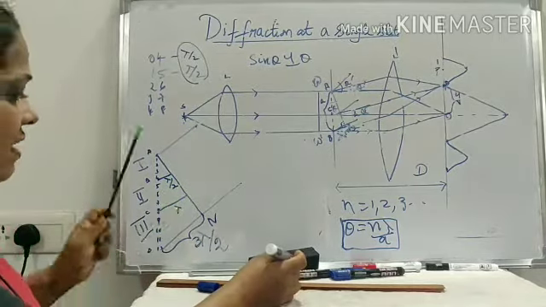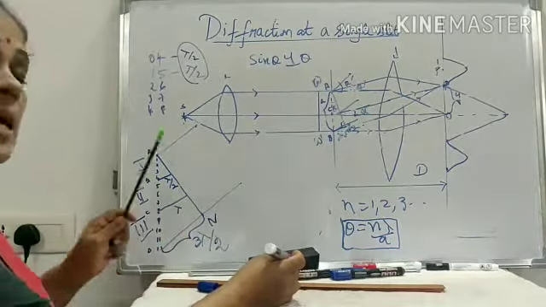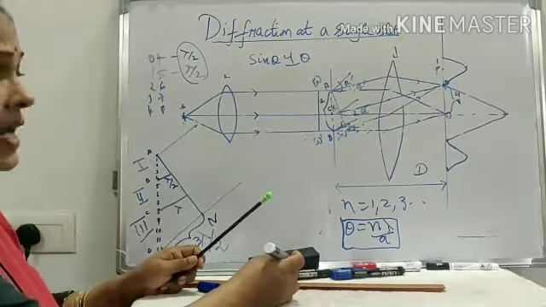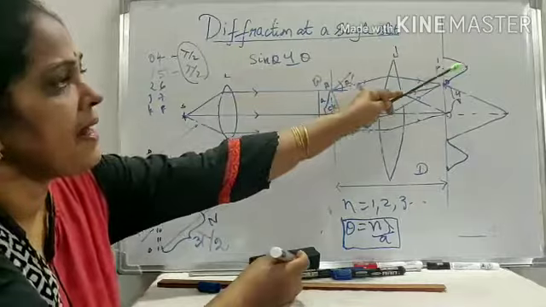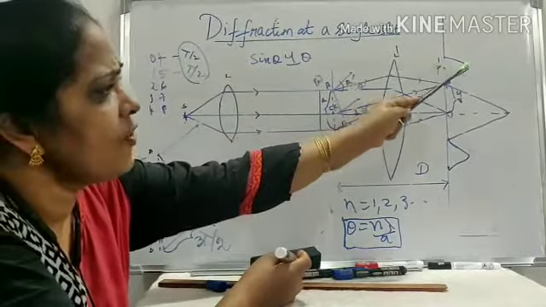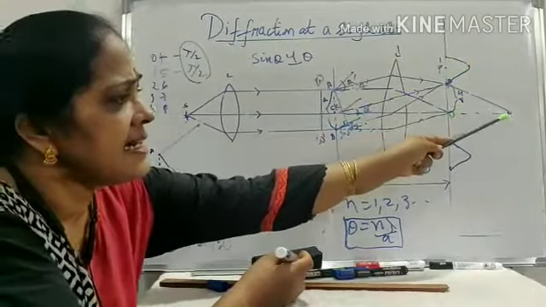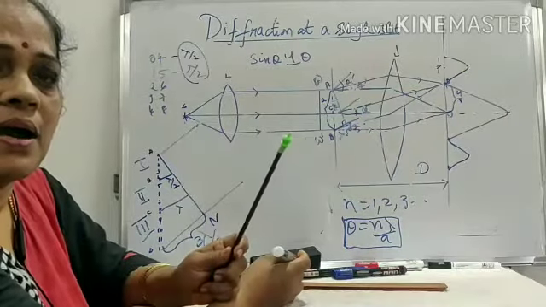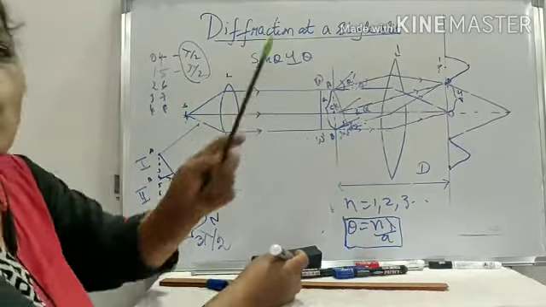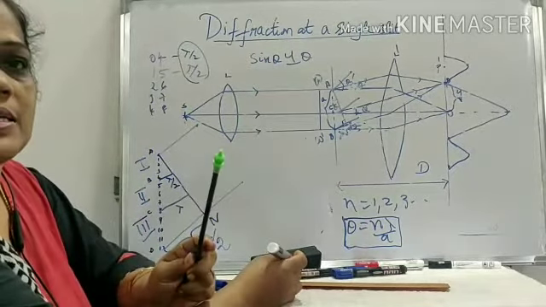The secondary wavelets from the third part of the slit interfere constructively to produce a maxima at the point P dash. But the intensity of this maxima is less than that of the central maxima. Why? Because only 1/3 of the slit contributes to the brightness.